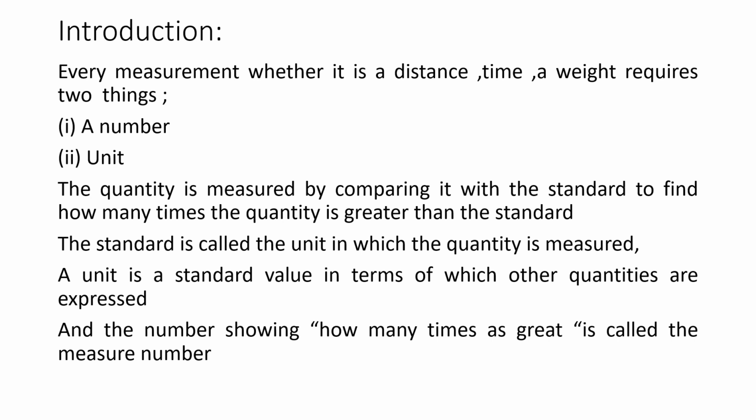And the number showing how many times as great is called the measure number. So in the same example, if the width of the table is 5 feet, then feet is a standard unit and 5 is the measure number.